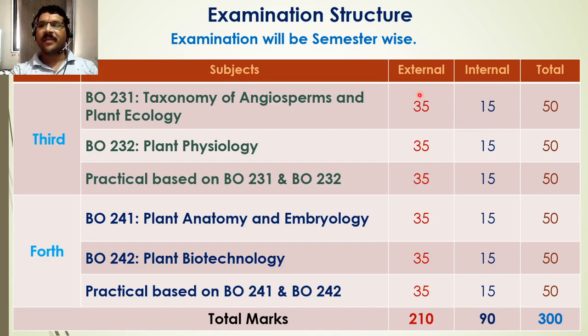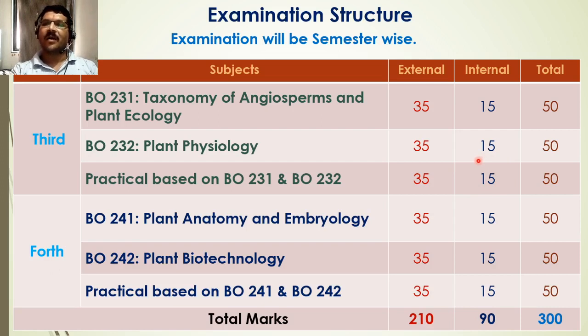Each paper, external plus internal, is of total 50 marks. Here you can see each paper's external has 35 marks and internal has 15 marks. For practical internal we will consider your attendance in practicals and your performance during practicals.